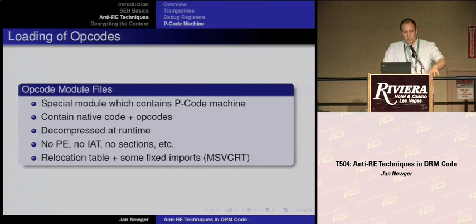On the other hand, these files are rather plain because they are not PE files, so there's no import address table, no sections, and so on. But there's a relocation table because these opcode modules might call into a fixed amount of imports, like, for example, the MS Visual C++ runtime. So there needs to be some relocation information in these opcode files.